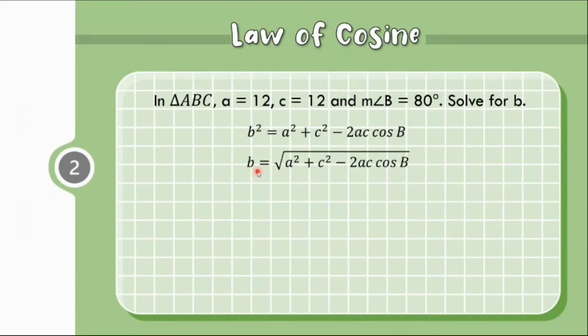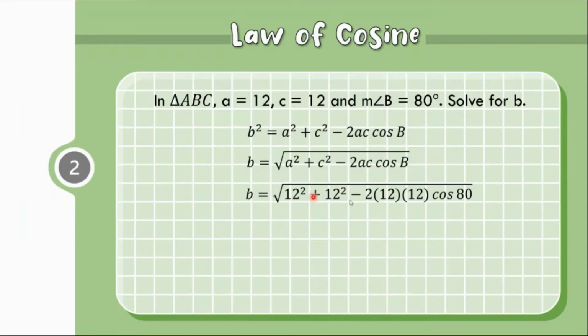B is equal to the square root of A squared plus C squared minus 2AC cosine B. Let us substitute the length of side A, the length of side C, and the measure of angle B here. Therefore, we will have B is equal to the square root of 12 squared plus 12 squared minus 2 times 12 times 12 cosine 80.